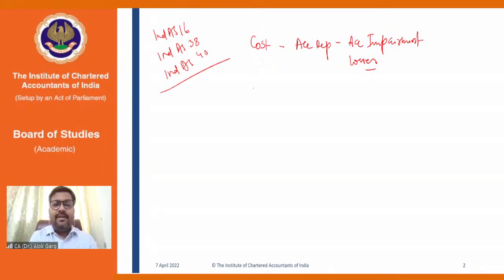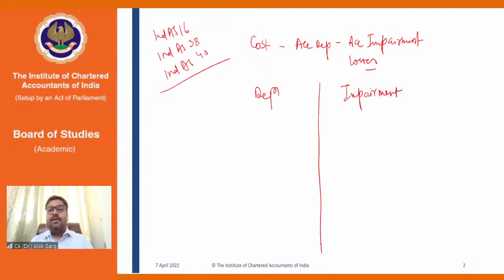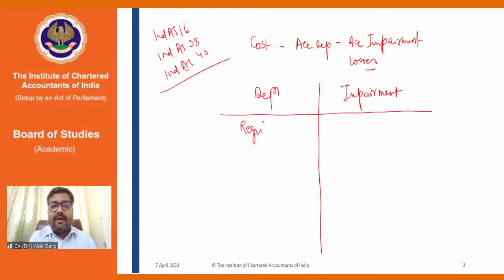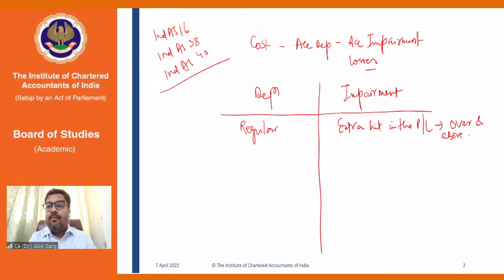So if I distinguish between the two, depreciation is a kind of regular impact, but impairment is an extra hit in the P&L. Or I can say that it is over and above depreciation.